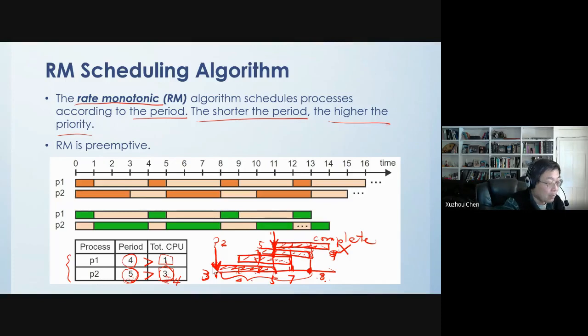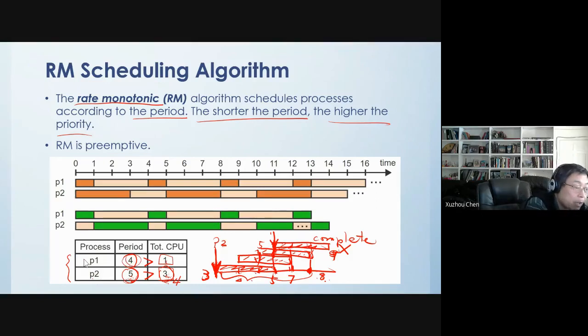So now let's take a look at this example. I have two processes, process 1 and process 2. Process 1 has a period of 4 and the CPU burst is 1. Process 2 has a period of 5, and the CPU burst is 3, right? So process 1 has higher priority because its period is smaller.